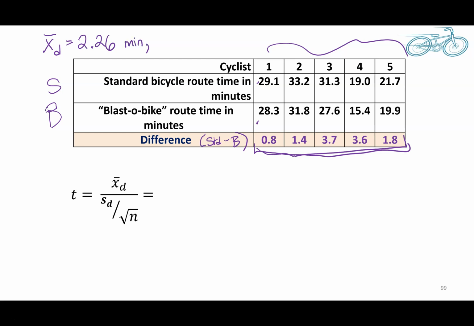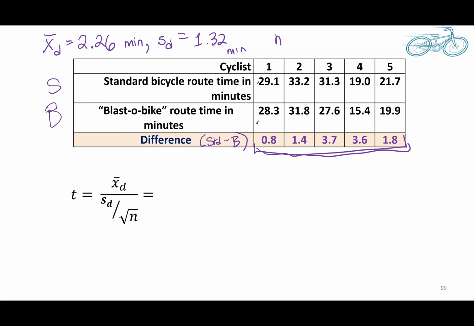And then my standard deviation for the differences, it's really, really fast if you use one var stats in your calculator. It's not as quick to do manually, by hand or with a scientific calculator. It's 1.32, technically also minutes.